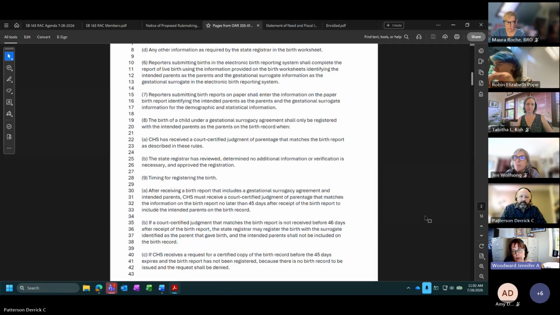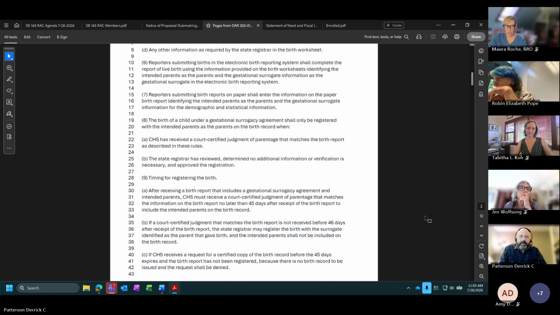We just want to be clear that one is submitted on paper and that the correct information is completed for the paper record versus the electronic birth record, because we do have some midwives, traditional midwives, and home births that are paper records. So we wanted to include that information for the 2 different types of reporting. Thank you. Anything else on this section?